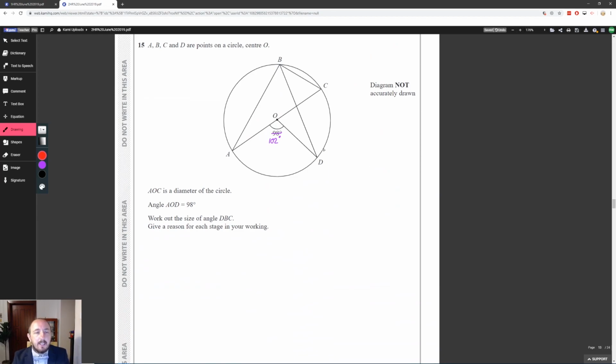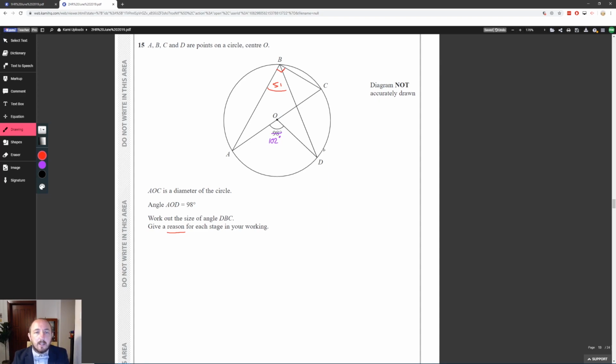Okay, different angle in here. We're looking at the arrowhead for the circle theorem, so that's going to be half of this, that's going to be 51. Give a reason: angles at the center are double angles at the circumference. And then we have a diameter here, so that thing there is going to be a right angle.